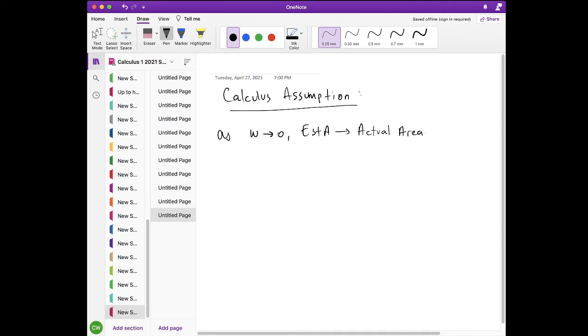Now, what's kind of interesting is that we can think of it as like squeeze theorem. So notice that the actual area for x squared is always in between the right approximation on n rectangles and the left approximation on n rectangles.